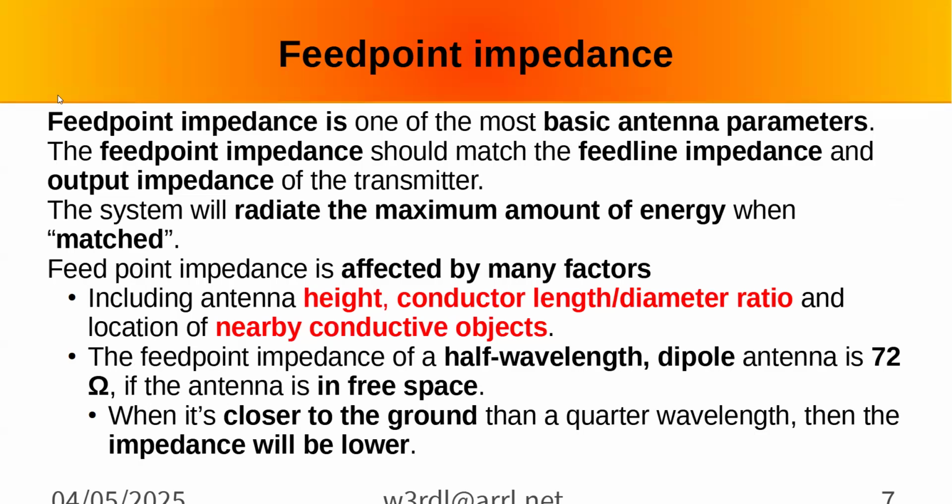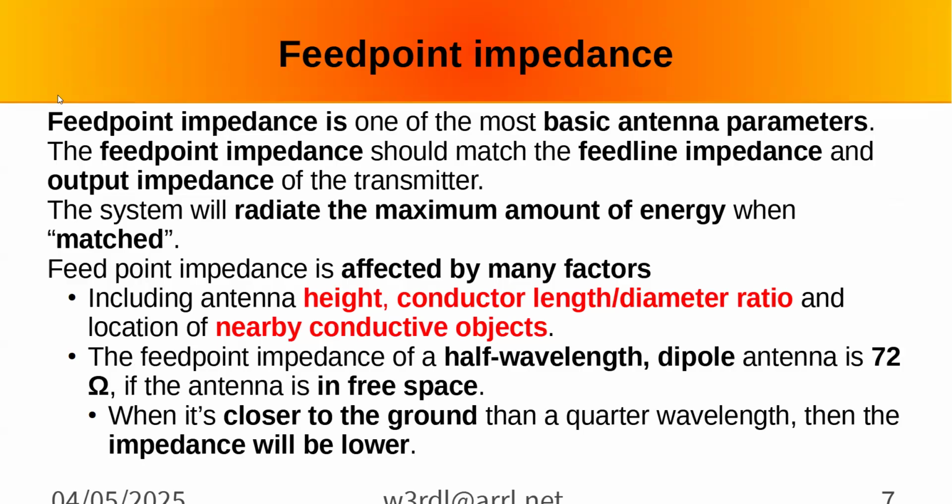another factor is feed point impedance. Because the antenna, depending on all kinds of factors, how high it is, what type of antenna it is, the configuration of the elements, like if it's a dipole, it not only changes with height, it changes as you change the angle of the elements themselves.